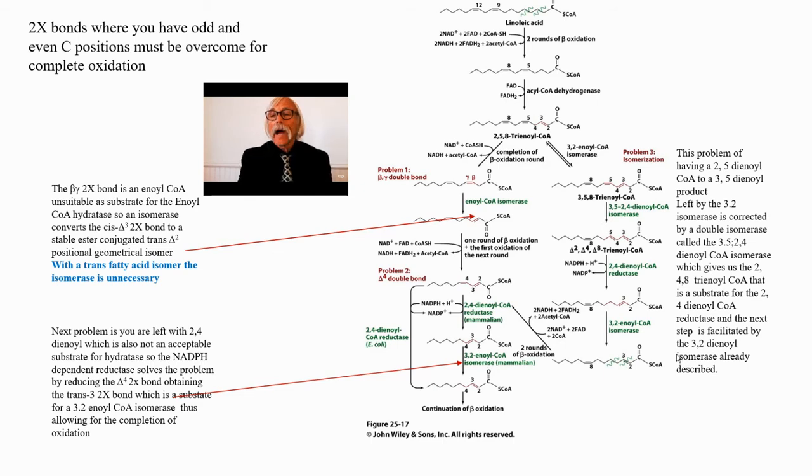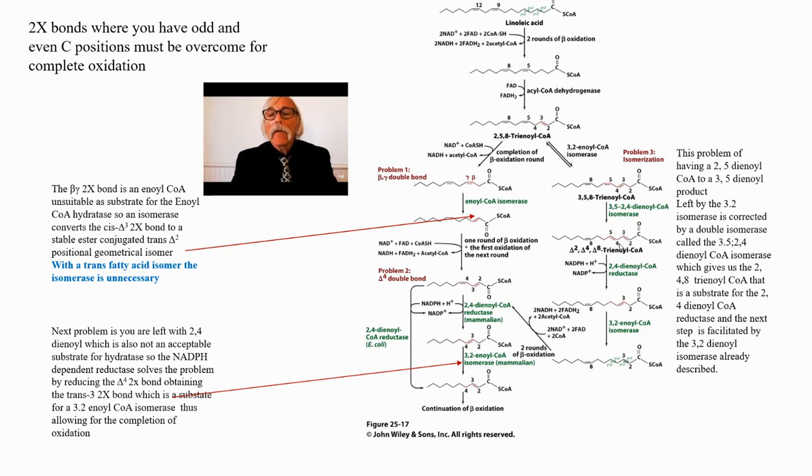Now, that's left by that 3,2 isomerase, as I just said, and it's corrected by a double isomerase called the 3,5,2,4-dienoyl-CoA isomerase, which gives us the 2,4,8-trienoyl-CoA, when you have now 2 trans double bonds.